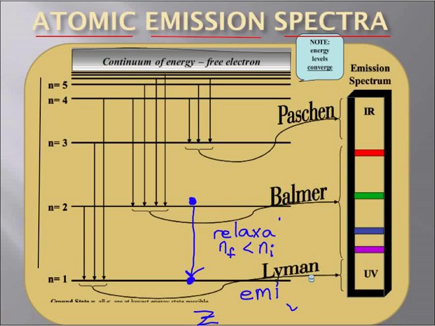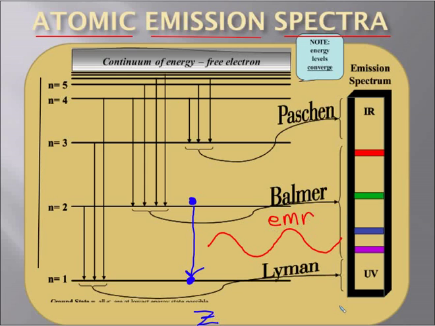And that energy in this case is going to be released or emitted. And it's going to be emitted in the form of electromagnetic radiation. So the energy coming in can be of a variety of types, but the energy being released is electromagnetic radiation.